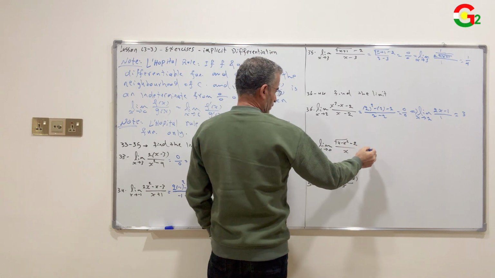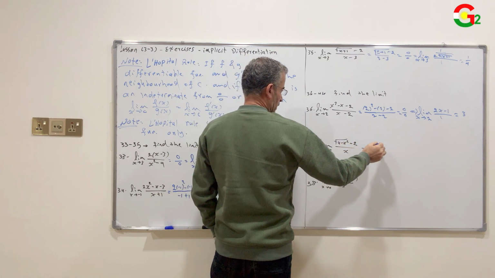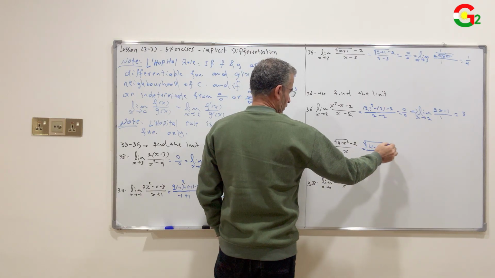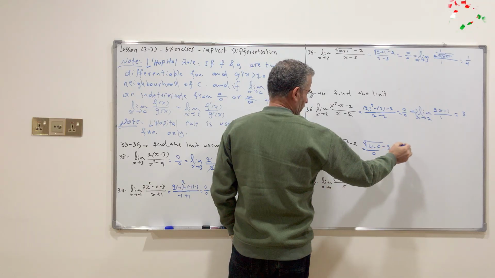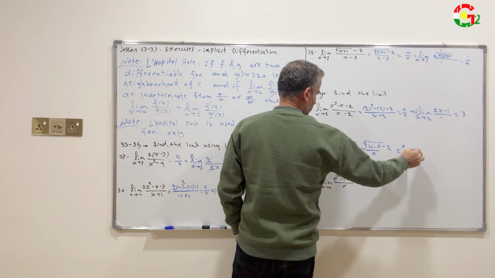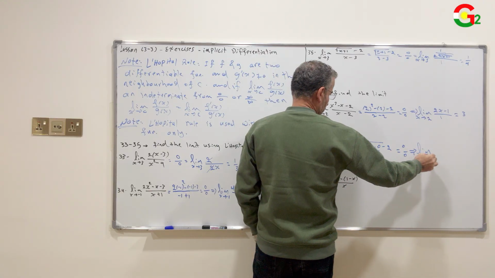Question number 37. This limit equals 4 minus 0, 4, square root of 4 minus 2 over 0 equals 2 minus 2, 0 over 0. Then use L'Hopital rule. Limit x approaches 0.